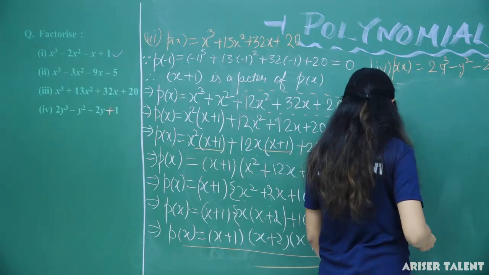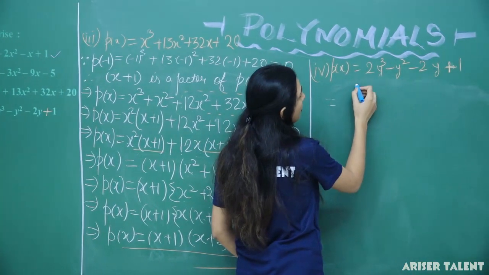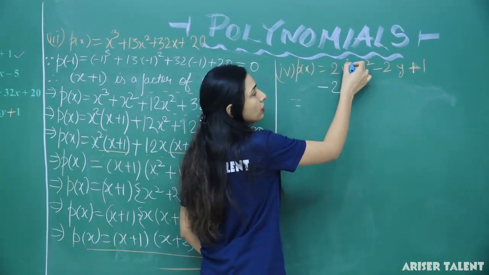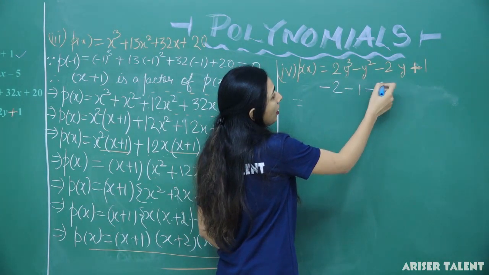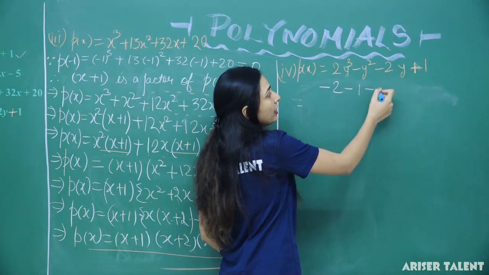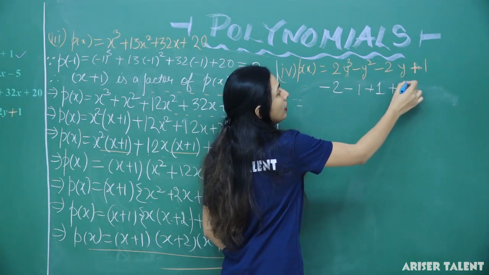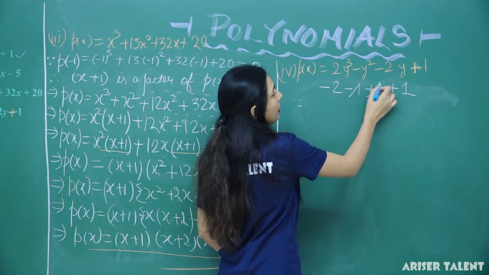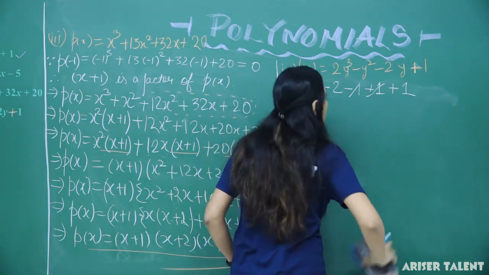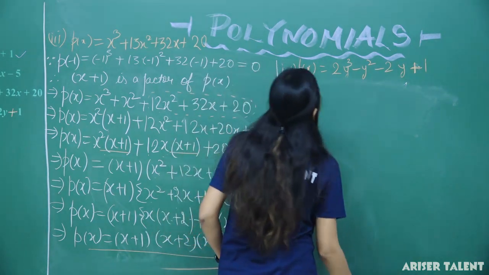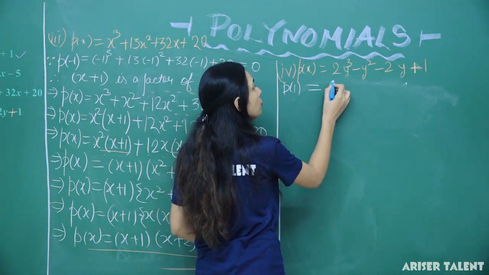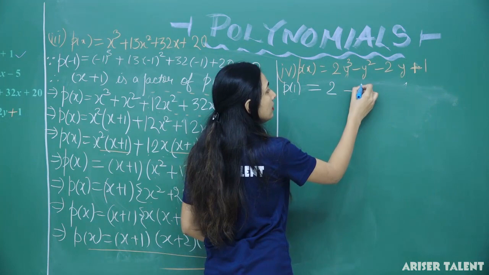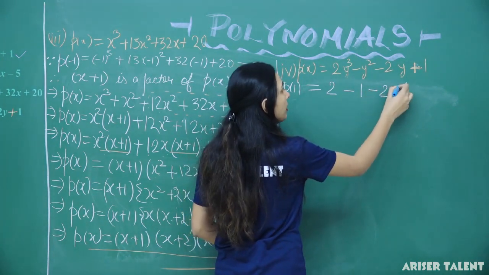So if I am getting plus 1, check it with minus 1. Minus 1 cube is minus 2. So there will be minus 1, minus 2, minus 1 is plus 1 and plus 1. So that will be 0. So this is checked. Now for plus 1, P(1) will be 2 minus 1 minus 2 plus 1.